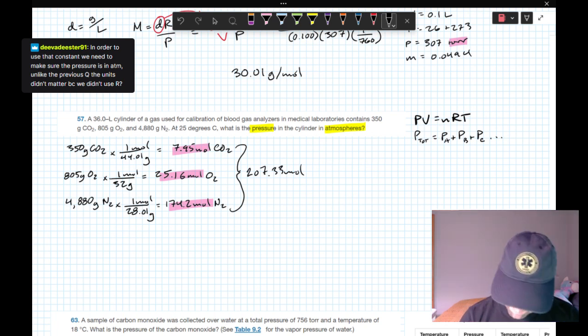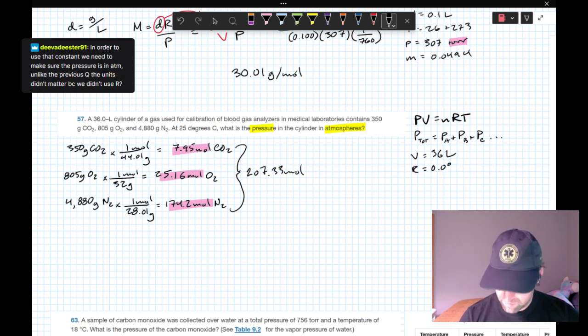So to solve that problem, we have volume, 36 liters. We have the ideal gas constant. We have a temperature of 298 Kelvin.